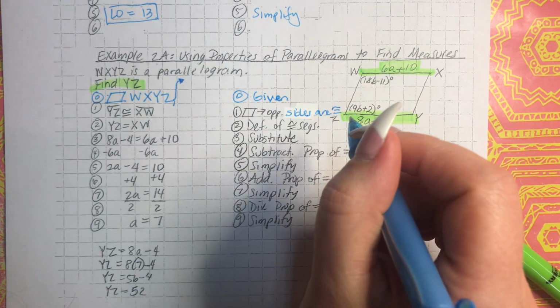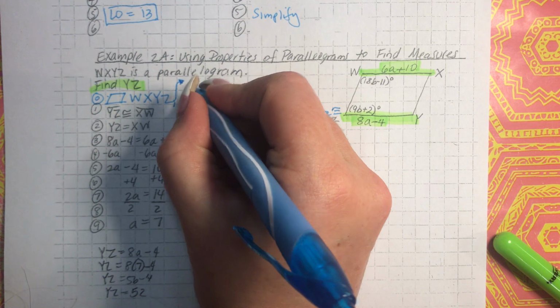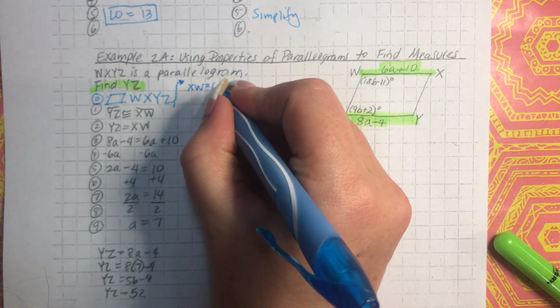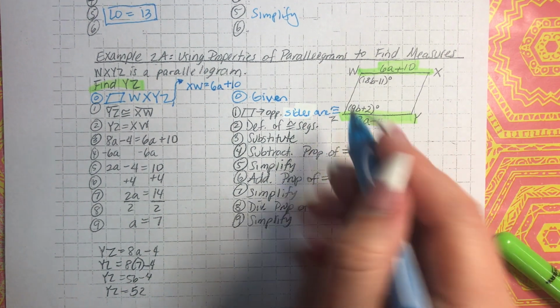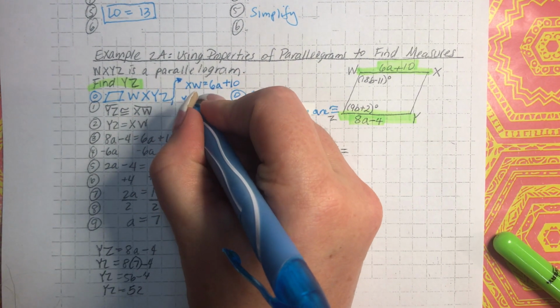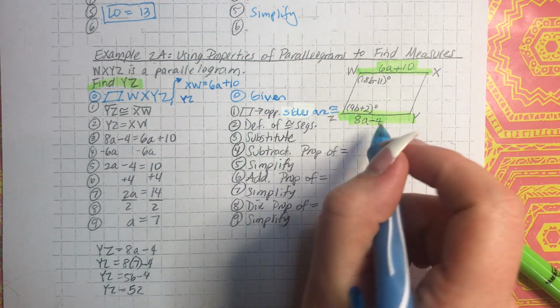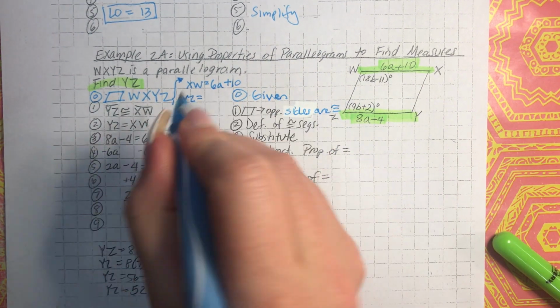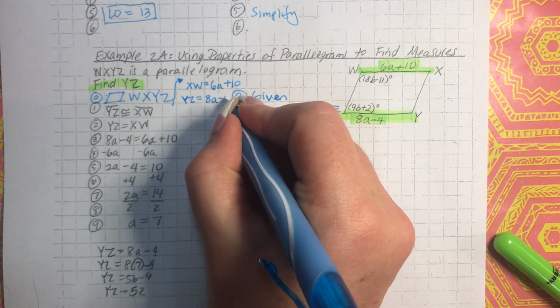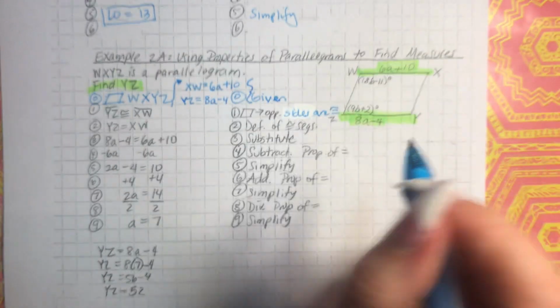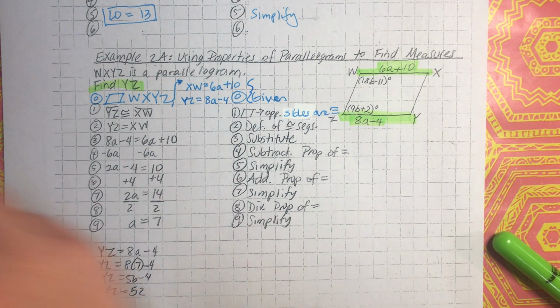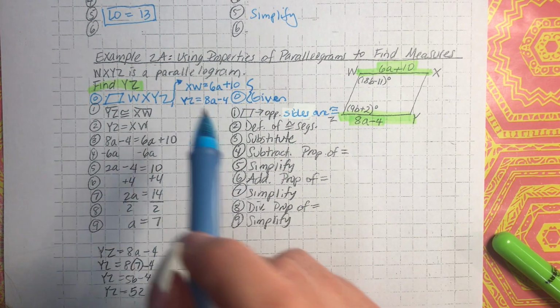We have to say that XW is equal to 6A plus 10, and we also have to say YZ is equal to 8A minus 4. All of that is given, okay? So now that is all of our given information.